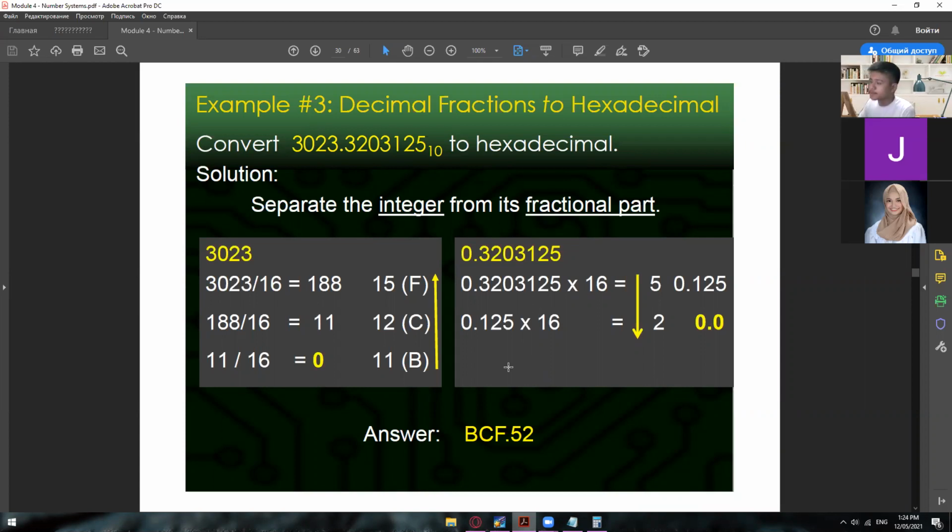All right, so you have a question. So, sir, where did the 0.52 come from? Ah, this one came from here, on the fraction part. So 0.52: this is the solution for the integer part or the whole number, and this is the solution for the fraction part, or the decimal part.